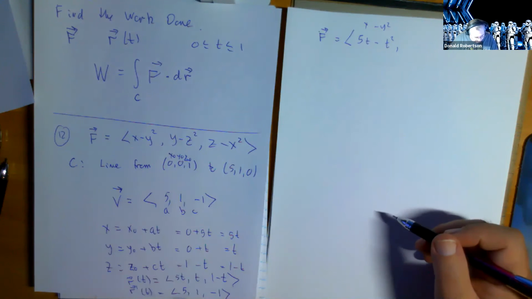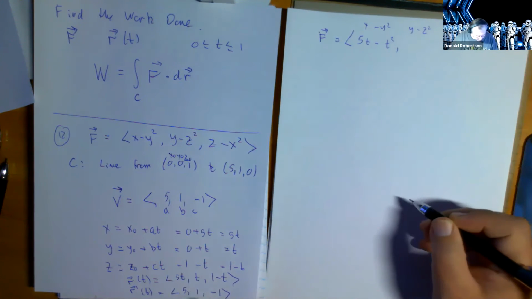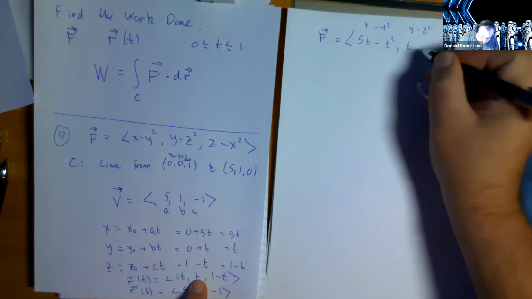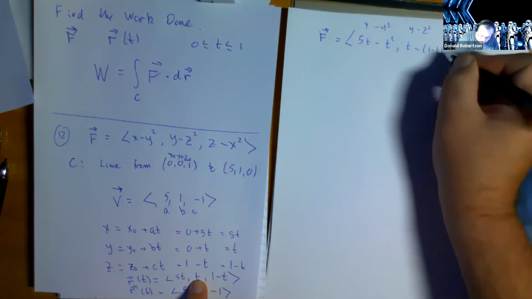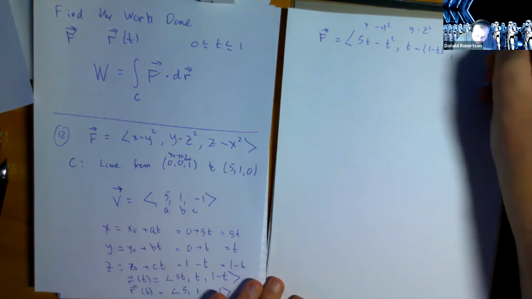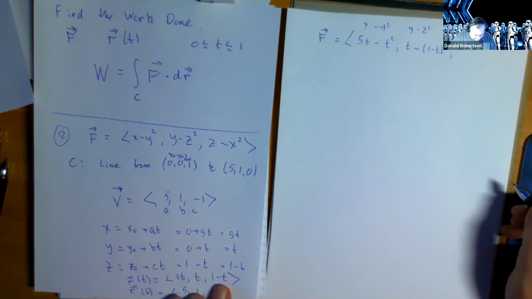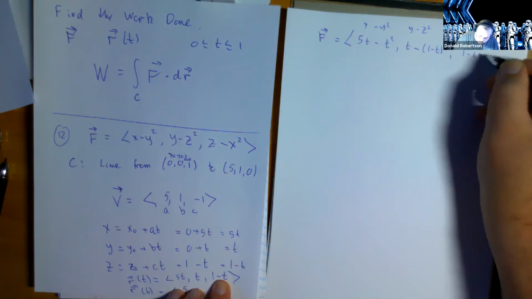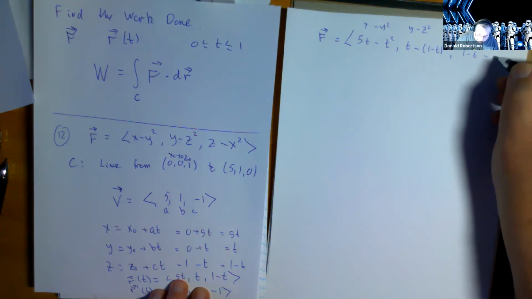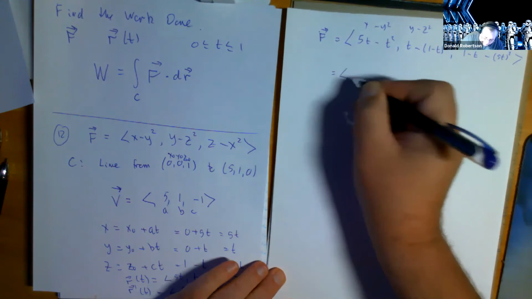The middle term is y take away z squared. Y is this fella. Take away that guy squared. And then the last one is z take away x squared. And z is this fella. Take away that guy squared. Okay, let's tidy that up a little bit.